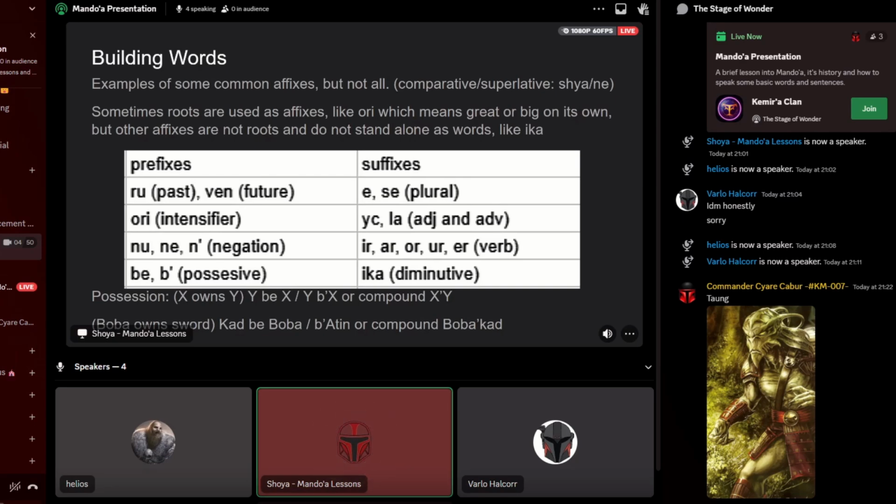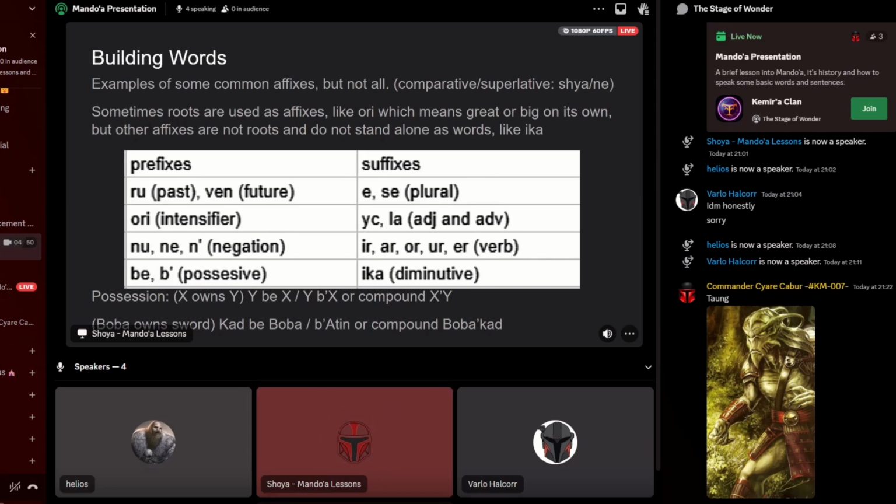But basically, IR verbs are really common. AR and OR verbs, they exist. UR verbs are pretty rare, not super rare. And ER verbs, there's only like two.